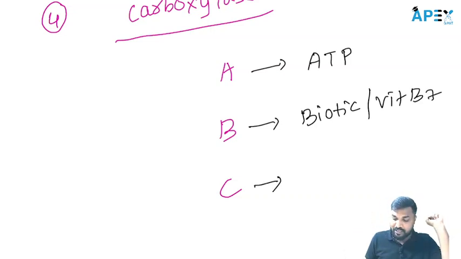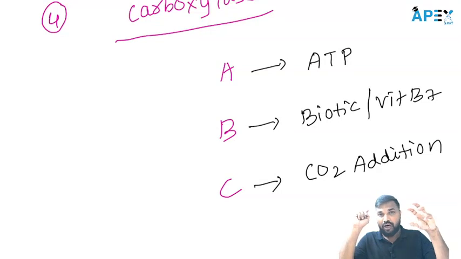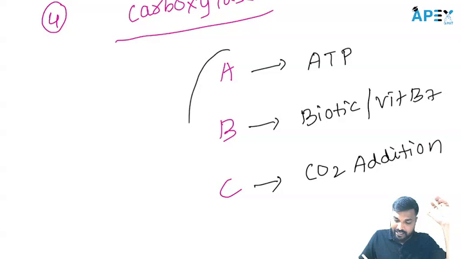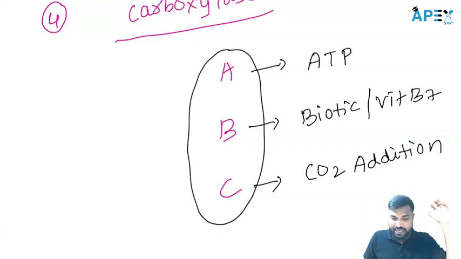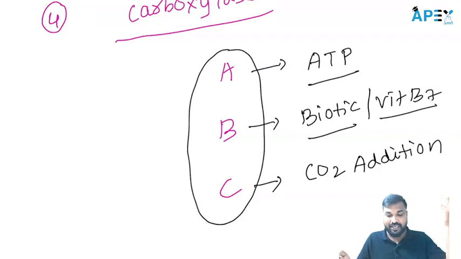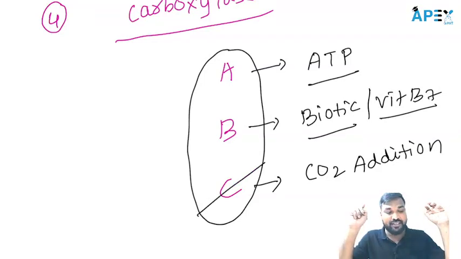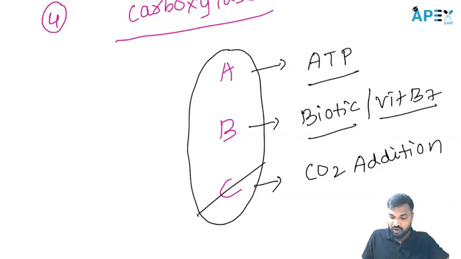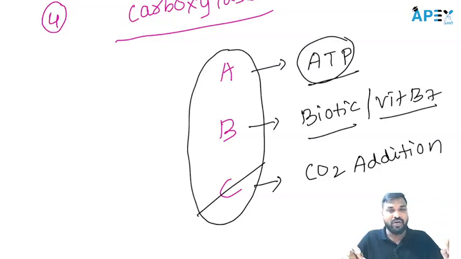And C means carbon dioxide addition. So for carboxylase enzyme, remember ABC. Wherever you look at the carboxylase enzyme, ATP is required for the reaction.